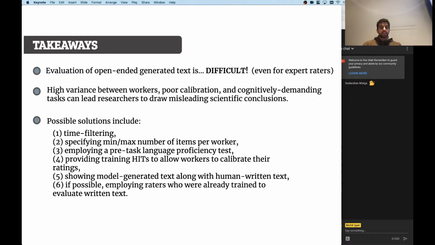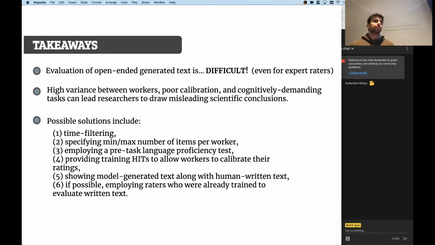Okay, so there are other instances of open-ended text generation tasks than story generation. There are more useful ones. So one example is question answering, where the answers are paragraphs, right? This is a very important future direction for NLP research.